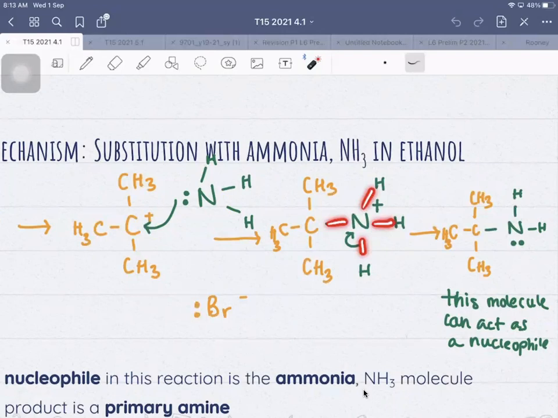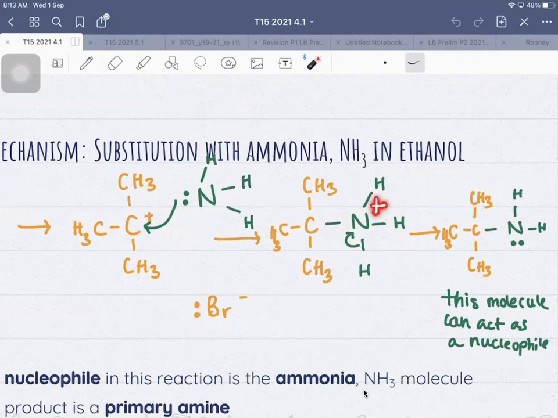So you have a positive charge here, because the nitrogen has given away its electrons to form the CN bond, and it develops a positive charge.